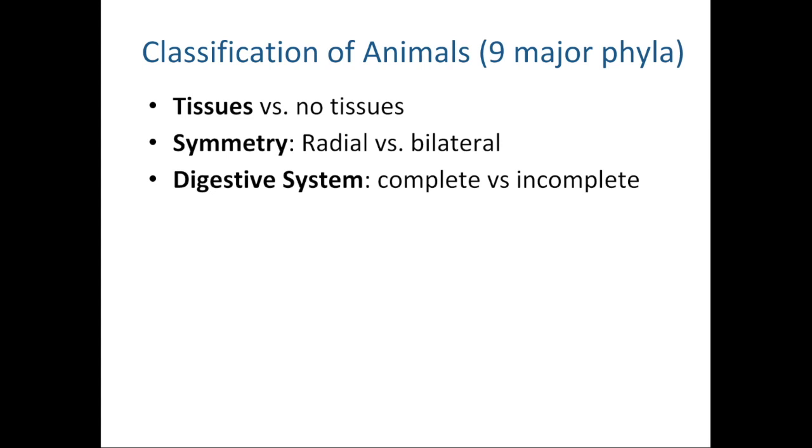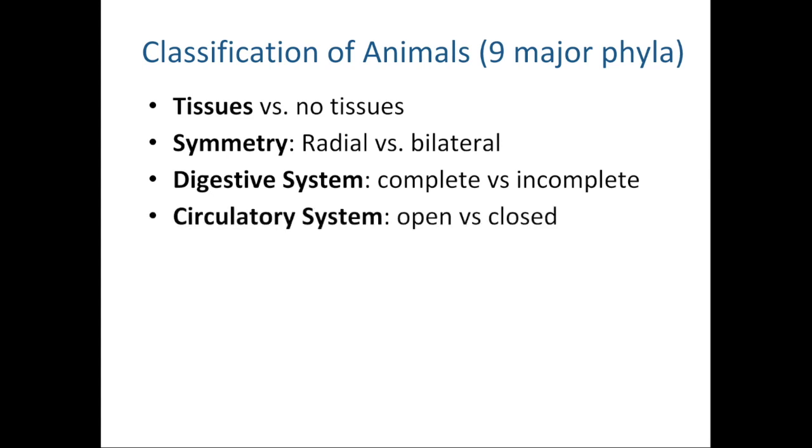For the digestive system, we look to see, does the animal have a complete or an incomplete digestive system? Complete meaning that there is an opening where food goes in and an opening where waste comes out that goes all the way through. If it's incomplete, there's only one opening, and so the food coming in and the waste going out has to use that same opening.